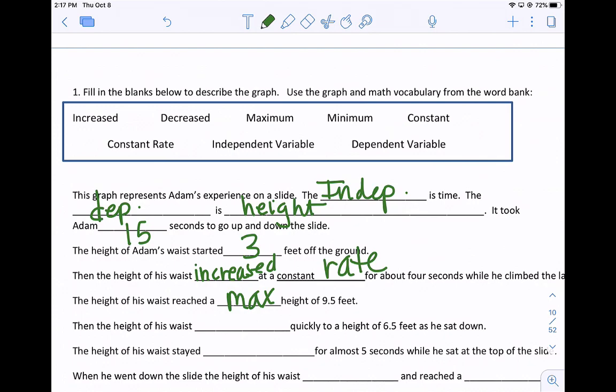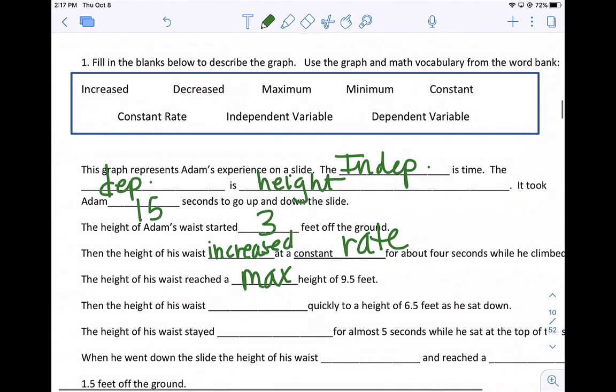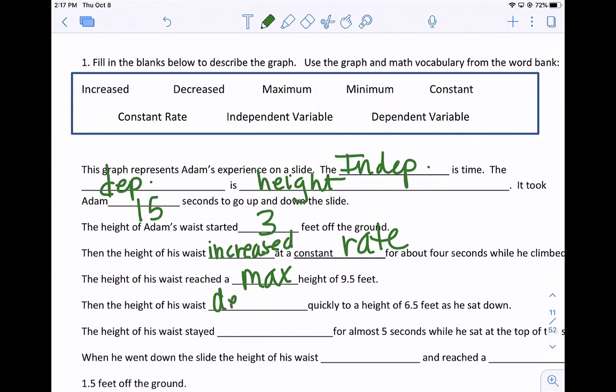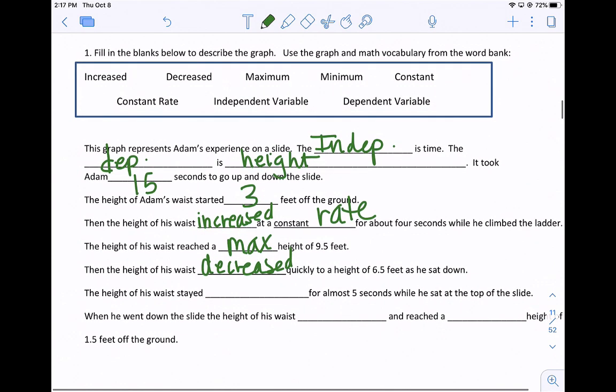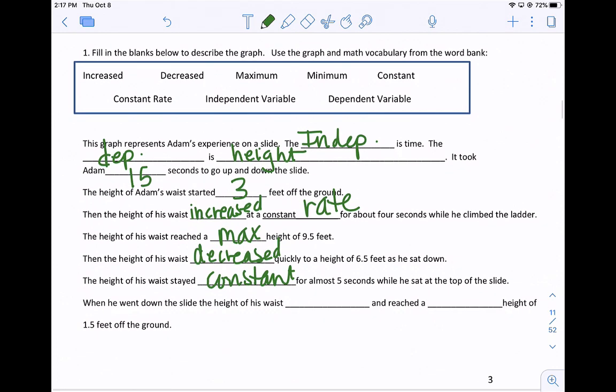Then the height of his waist blank quickly to a height, I would say dropped, decreased, to a height of 6.5 feet as he sat down. The height of his waist stayed constant for almost 5 seconds while he sat at the top of the slide. When he went down the slide, the height of his waist blank and reached a blank height, I would say minimum height. I would say decreased here.